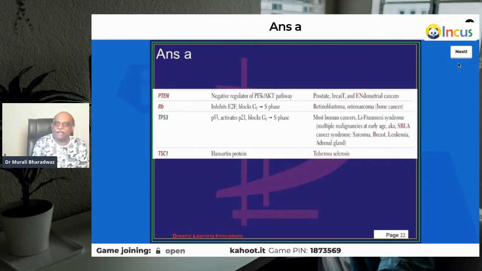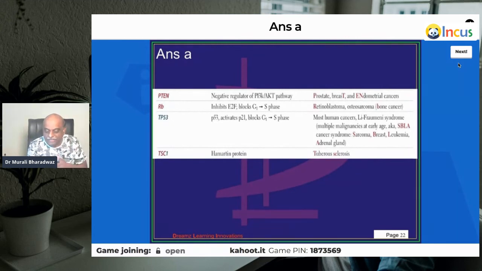Now it is the nail-biting, edge of the seat excitement to see who is going to be the winner in the last 3 questions and win rupees 40,000. P10 is a negative regulator of the AKT pathway in prostate, breast, and endometrial cancer.